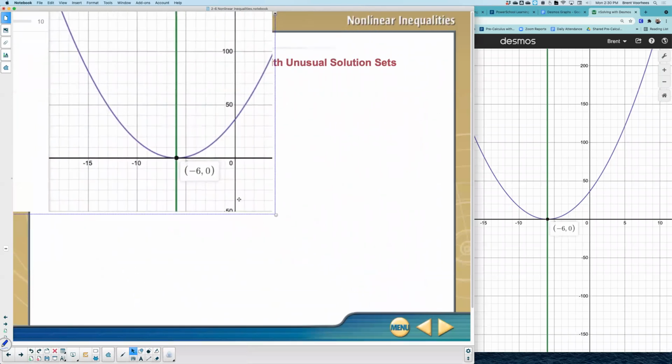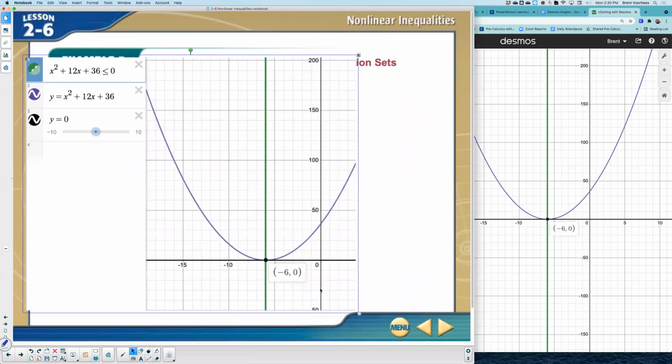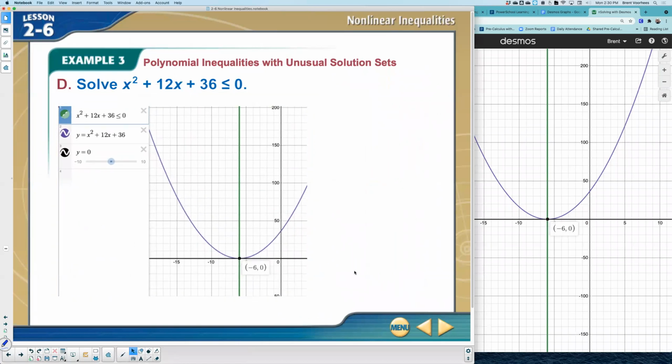So what do you think? The only answer is -6. So if you're using interval notation, you just say -6 in brackets because it's only one value, or you could just say x equals -6.